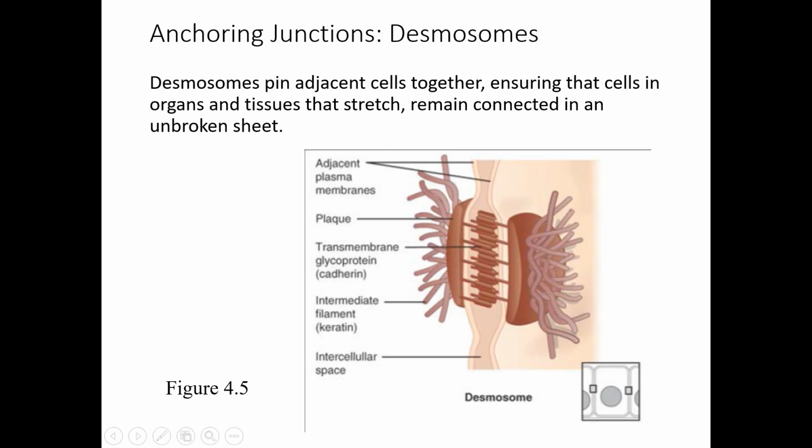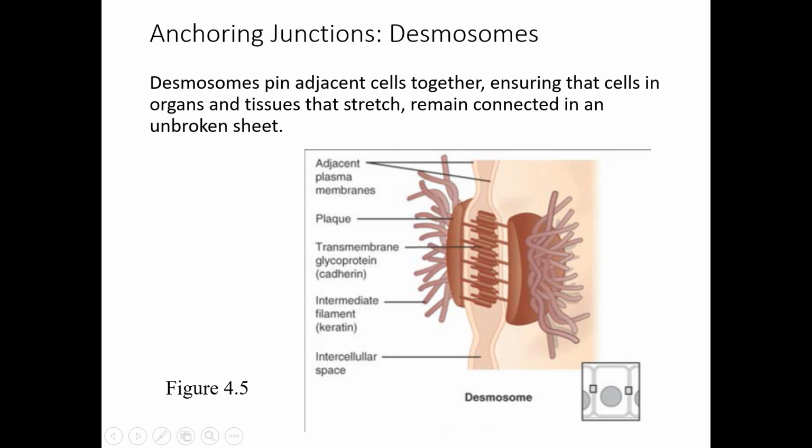Next one, anchoring junctions or desmosomes. That's the cell membrane of one cell. Here is the cell membrane of another cell, and they are connected by longer proteins attached from the inside of both cells. Attachment between the cells is also made of proteins, but longer transmembrane proteins.